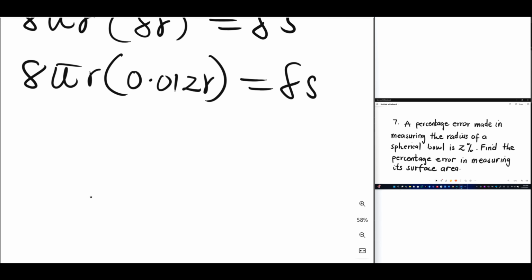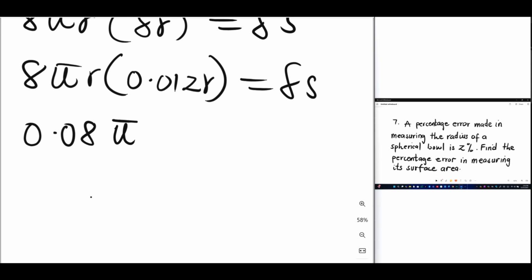We continue. We are going to now multiply 8 by 0.01. 0.01 is the same as 1 divided by 100, so this becomes 8 divided by 100, which is 0.08.